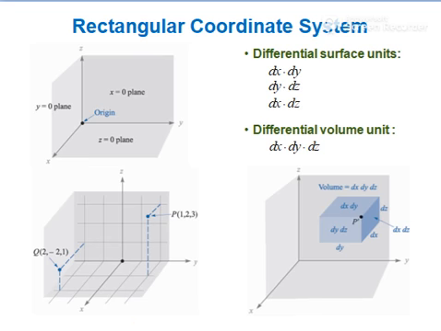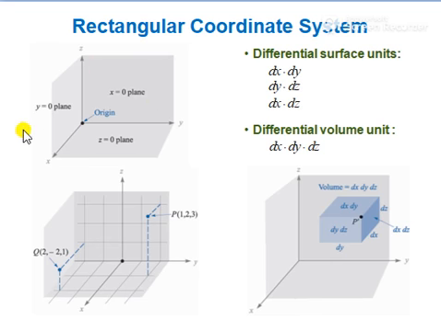In this coordinate system you can see three axes: x axis, y axis and z axis, which are mutually perpendicular to each other. The x axis is perpendicular to y and also to z. All three axes intersect at a common point known as the origin.